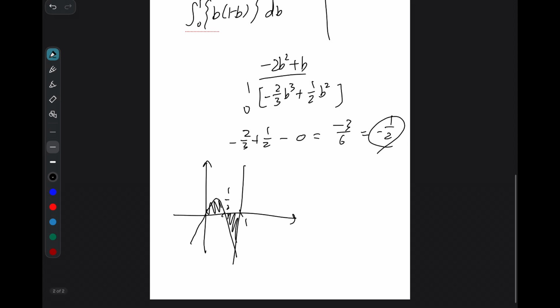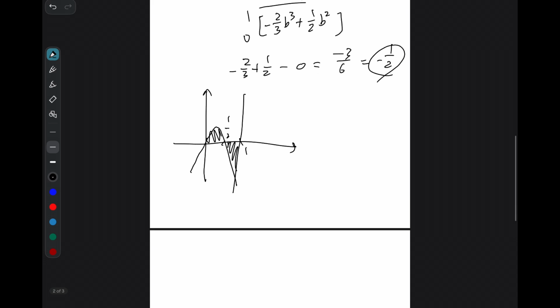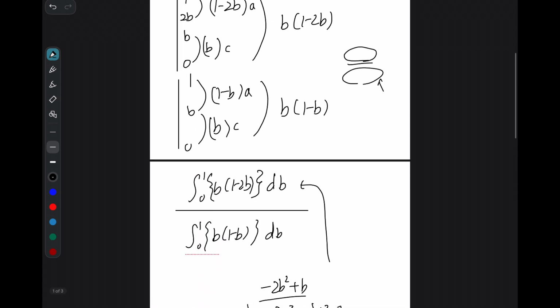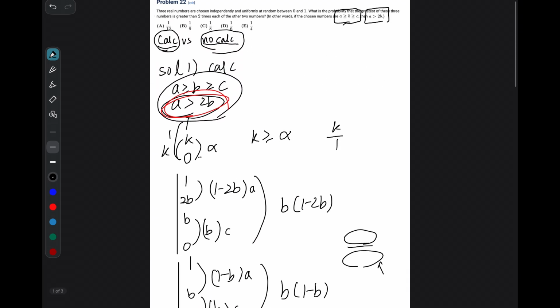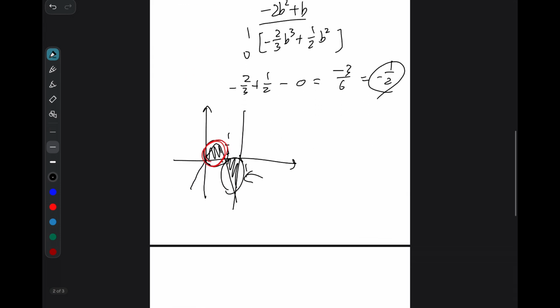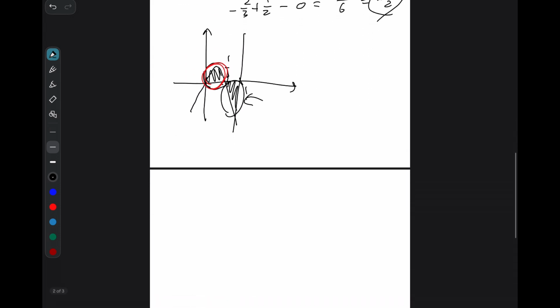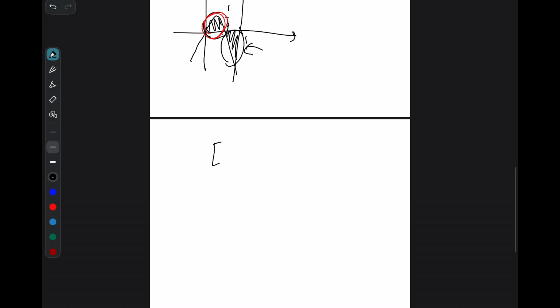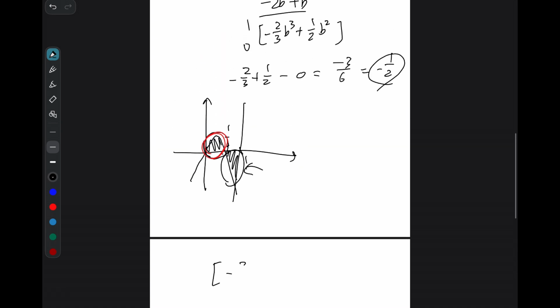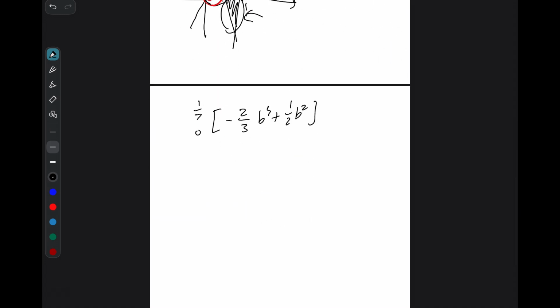So we only want to calculate this part here that I'm circling in red right now, because the rest does not matter at all, because b should not be over a half, since if b is over 0.5, then there will be no a. So therefore we shouldn't do 0 to 1, we should do minus 2 over 3 b cubed plus 1 over 2 b squared from 0 to 1 over 2.